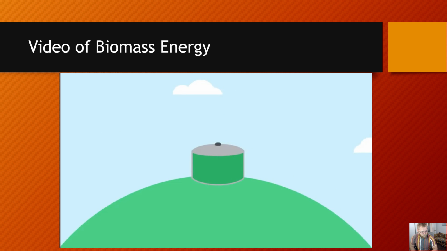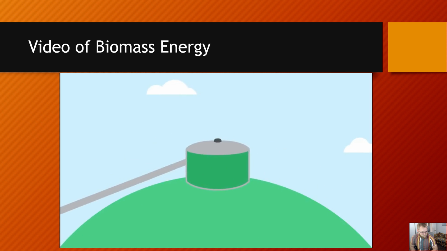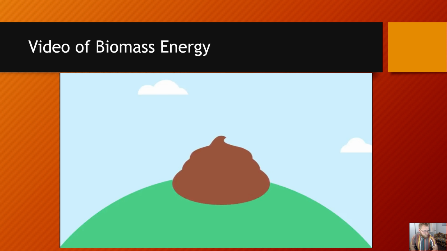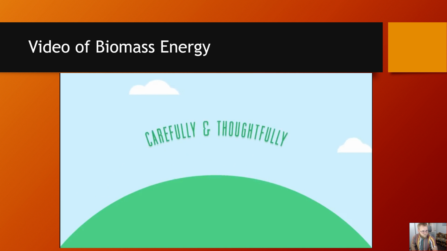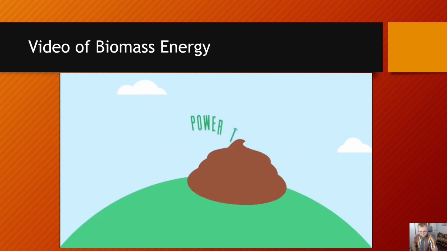This same principle can also be used to capture methane, a potent greenhouse gas with 25 times the heat-trapping ability of carbon dioxide, from landfills. Once a section of the landfill is closed off, pipes are run from the waste to collect the gas, which can then be burned to make electricity or heat. Biomass may not be the prettiest form of renewable energy, and it needs to be used carefully and thoughtfully to protect ecosystems and prevent greenhouse gas emissions. But it can be a smart way to make use of waste. Power to the poop.